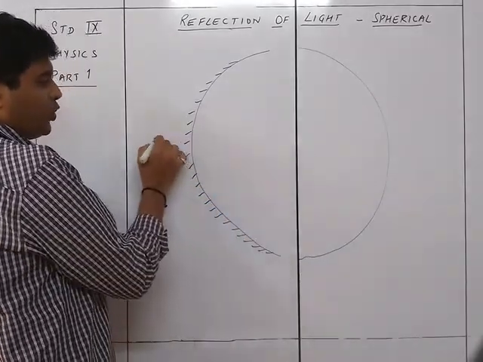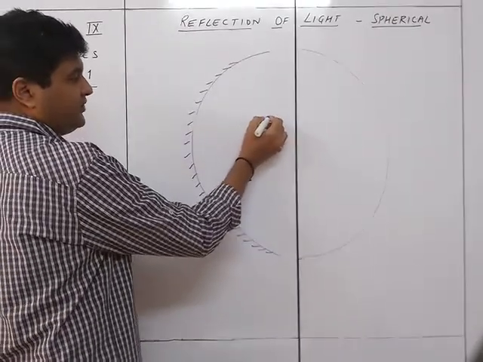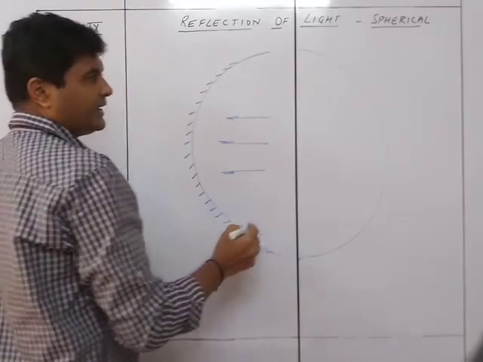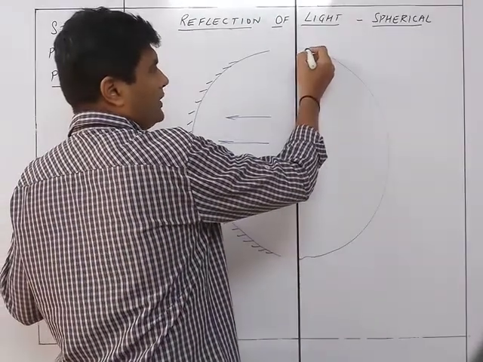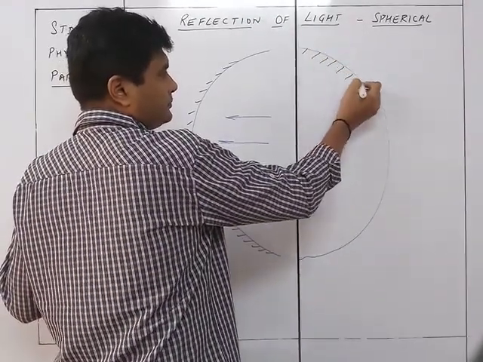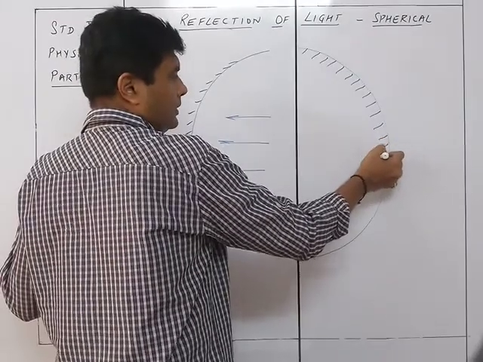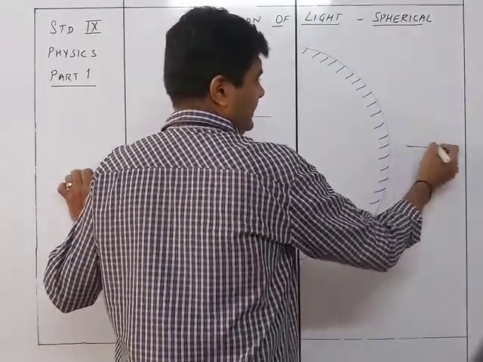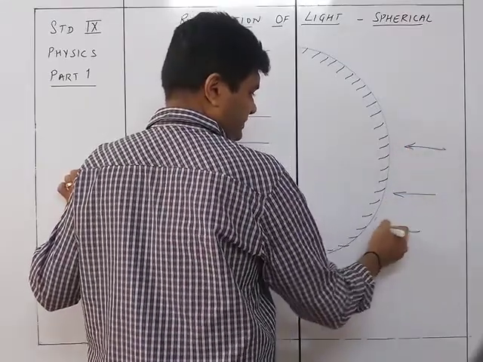So this is my opaque surface and this is the reflecting surface. And in the other case, I am going to coat it from inside such that this is the reflecting surface.